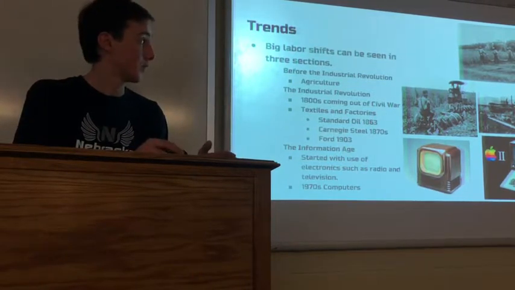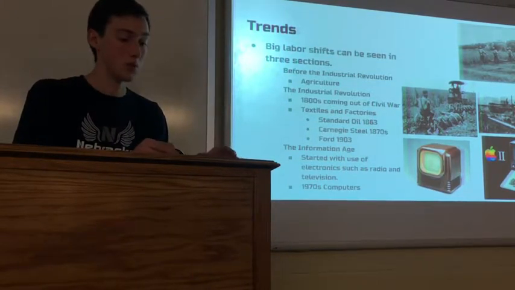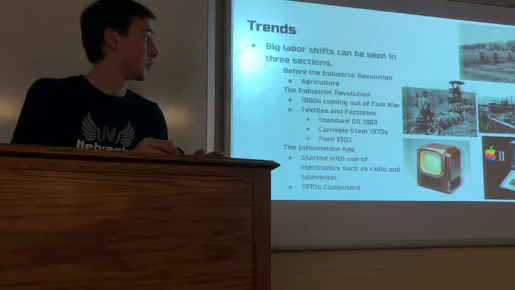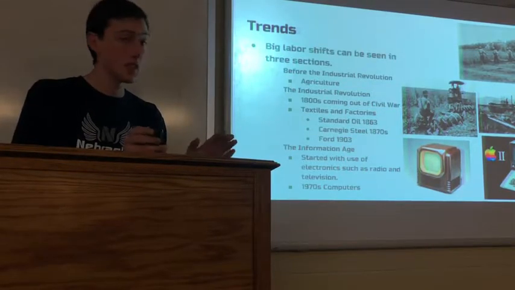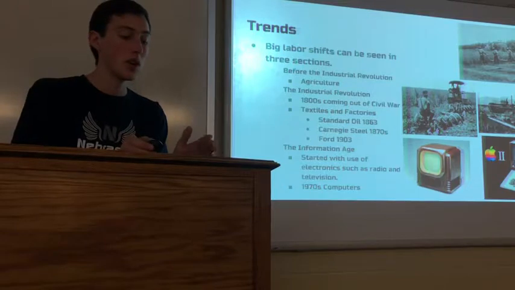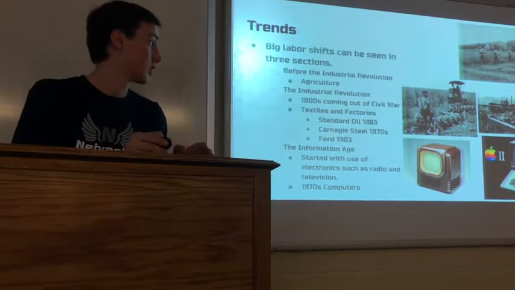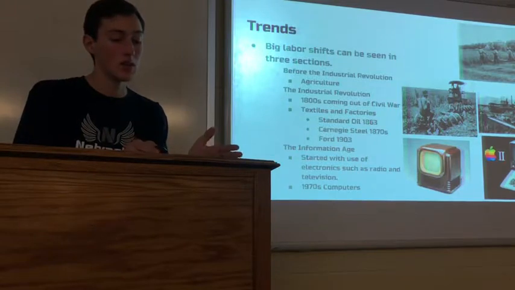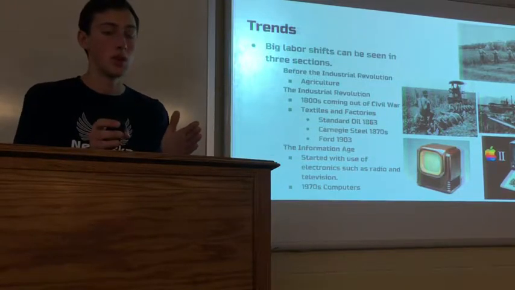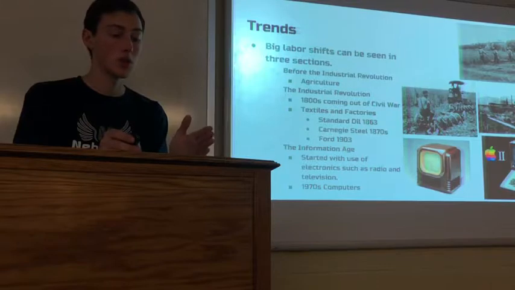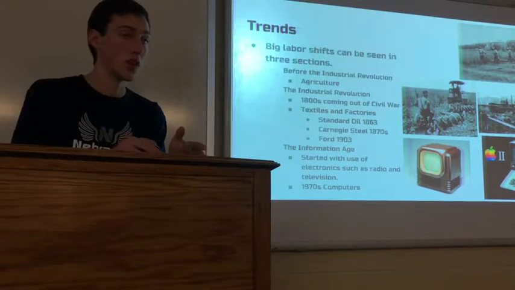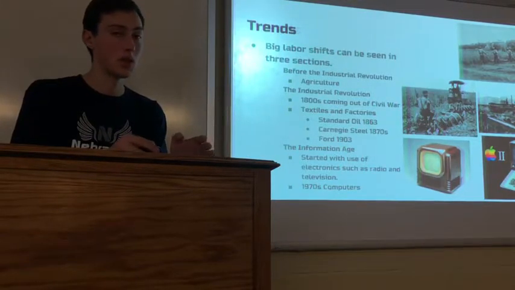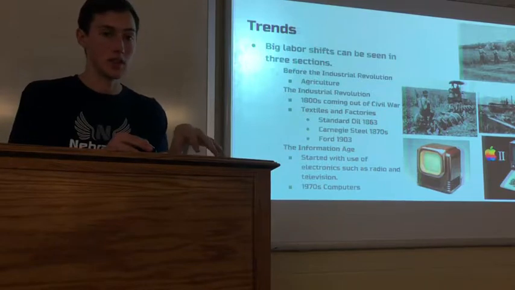It was how much food people could produce. Beginning in the 1800s, after the Civil War, that kicked off the Industrial Revolution, and then labor switched to manufacturing industry. How much goods can we produce? And the reason we can do that is because of advances in technology.